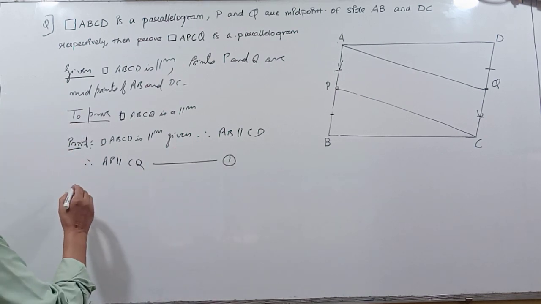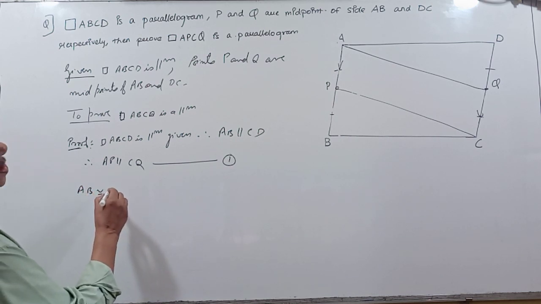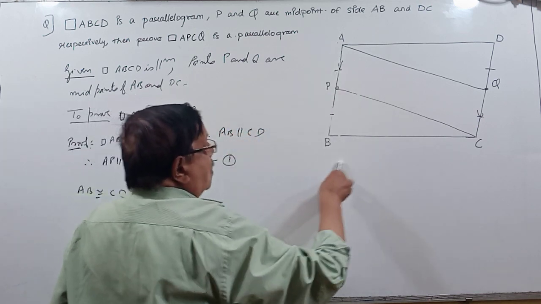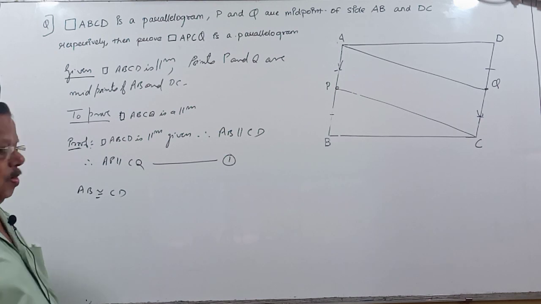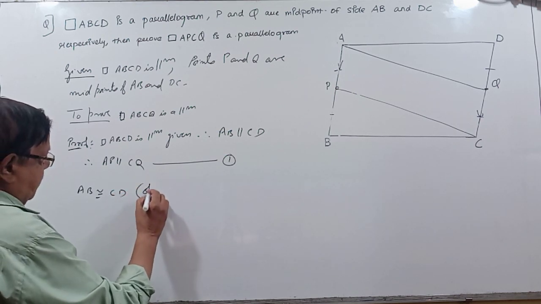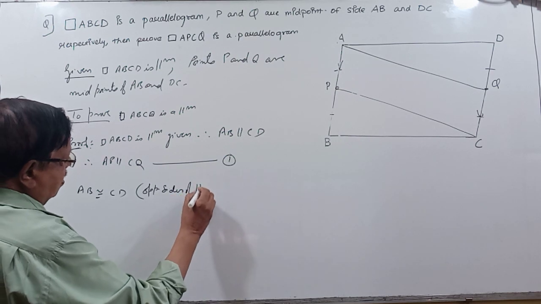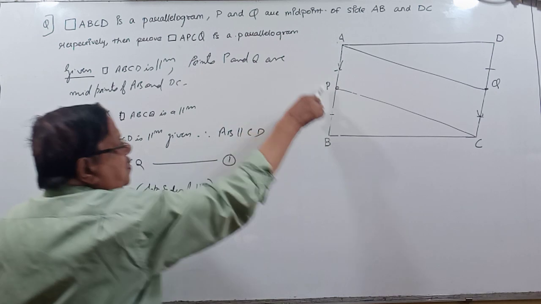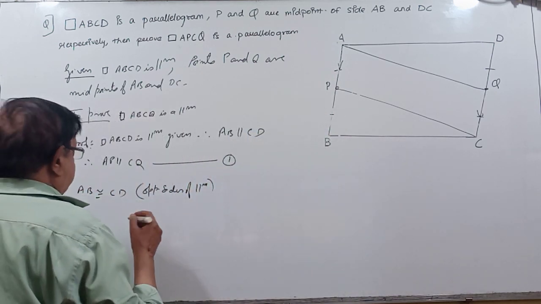Now, AB congruent to CD. Why is AB congruent to CD? They are opposite sides of the parallelogram. Opposite sides of a parallelogram are parallel and also congruent.